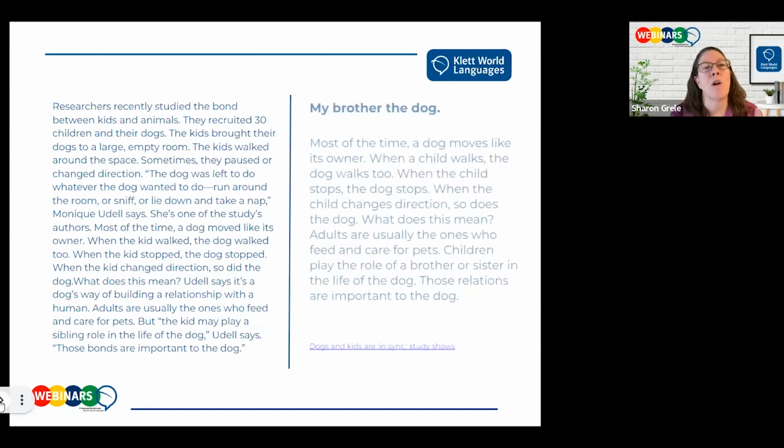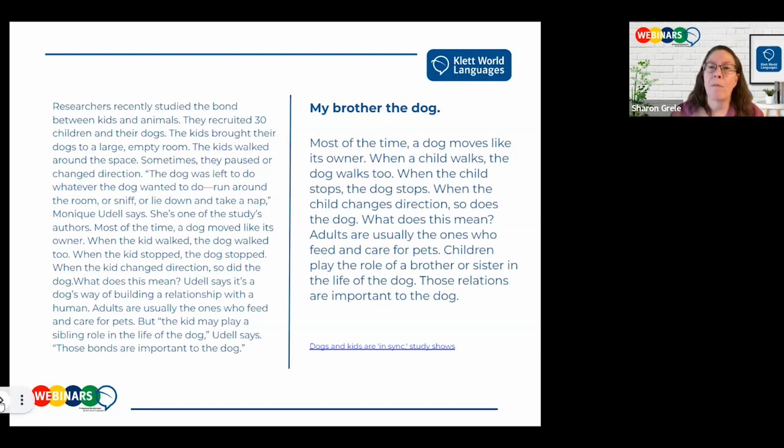And the main idea of this article was that dogs are like family members and they kind of mimic what the kids do. If that was really the idea that we wanted to get out of it, we took a chunk of the text from a little more than halfway down. We've taken just a little bit of that paragraph and changed a few keywords, because kid is more slang, and depending on the language you teach, it may not be user-friendly, whereas child might be a word that they know.